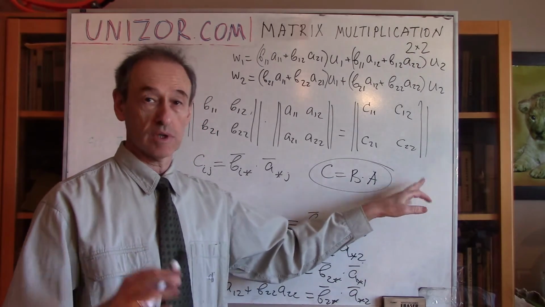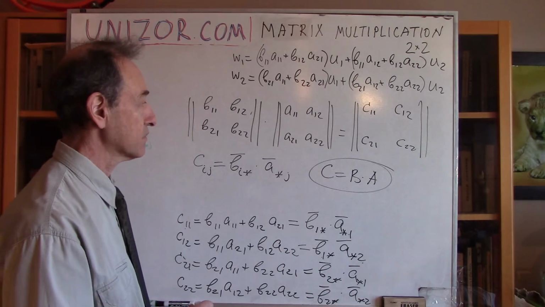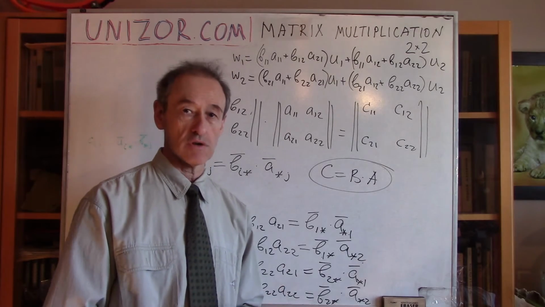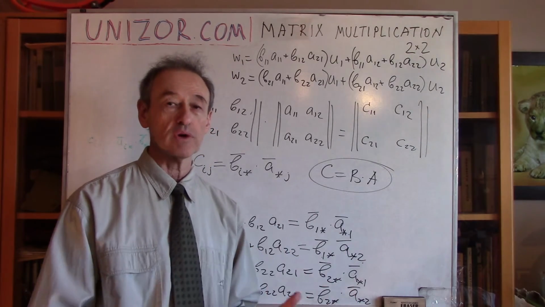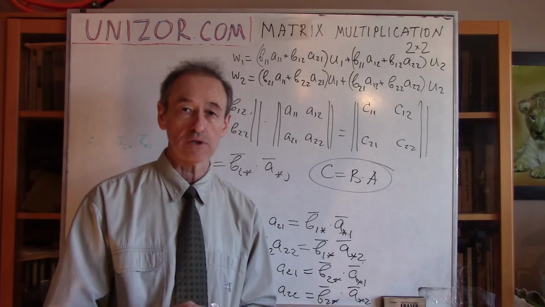Whatever the vector is doesn't matter, it doesn't depend on the vector. So that's the result of this lecture, which I would like to extend in the next lectures into a full definition of the product of any two matrices, not necessarily square and not necessarily 2 by 2 or 3 by 3, etc.